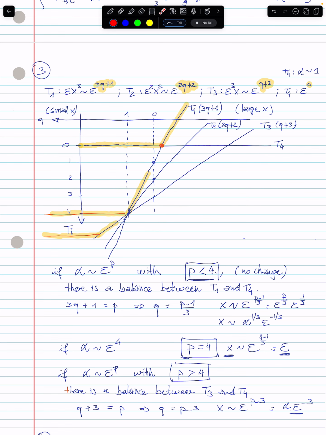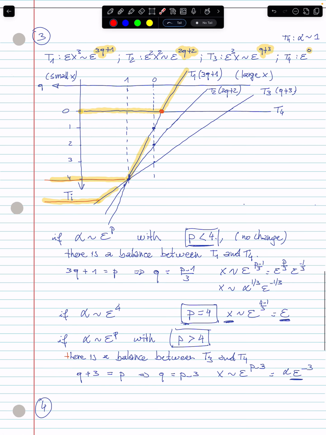But there's no way to do it, of course, right? Because even if we make it as small as what we had in the third case here, you see that alpha still plays in the balance. And so, of course, it's going to affect the order of magnitude of a certain root, because if it is small enough, meaning that we have p larger than 4, the order of magnitude of the root could be here, or the order of magnitude of the root could be here for a different value of smallness of alpha, all right?